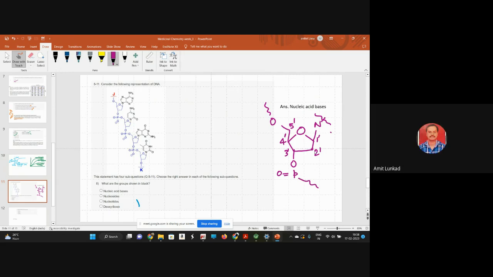Can you tell me what group is present here at 2 dashed in the case of RNA? What is the full form of RNA? Ribonucleic acid. And DNA?